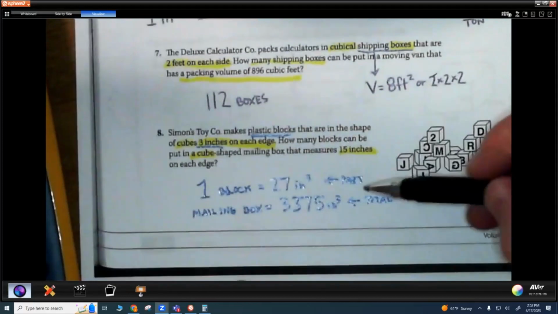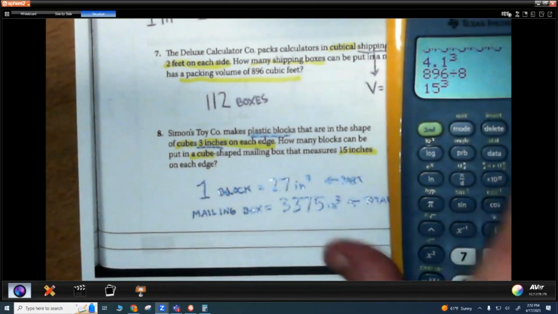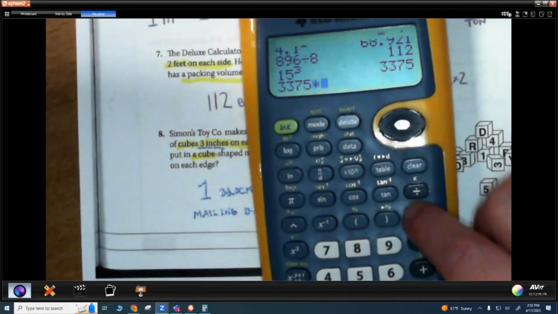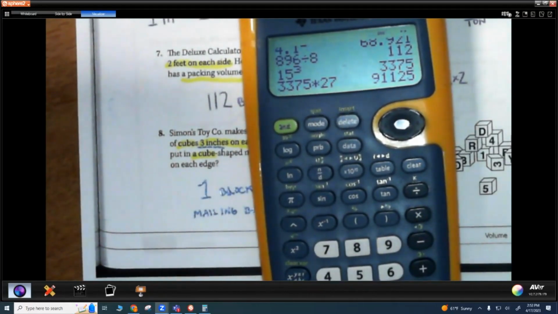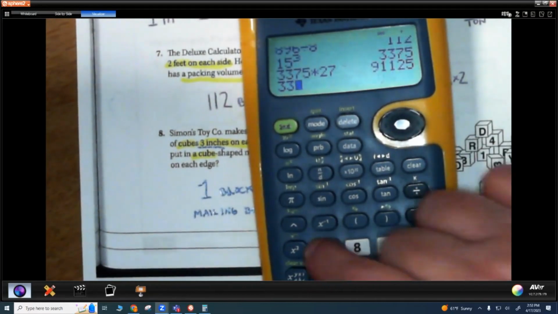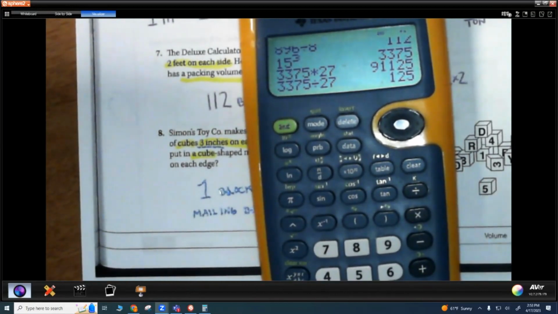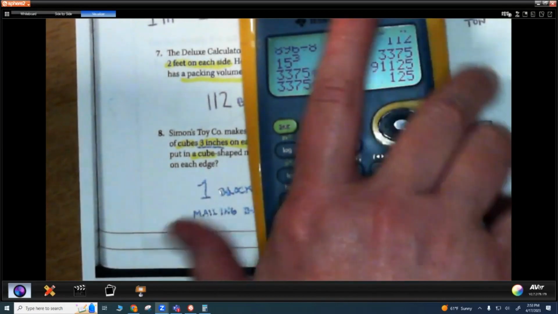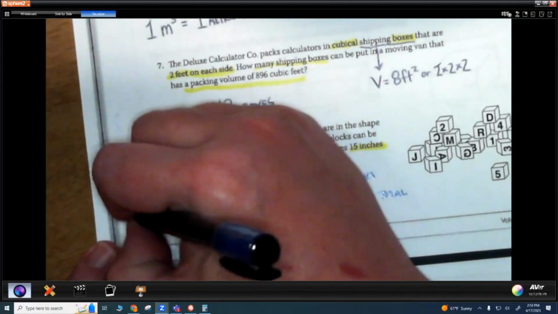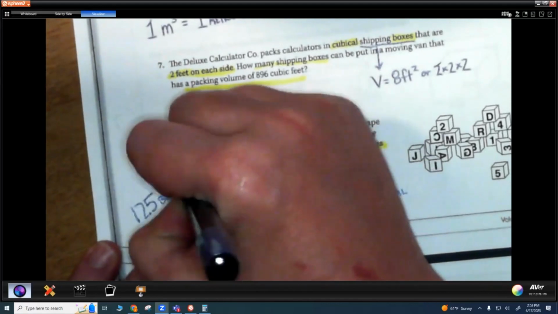So this is the part that we're gonna fill up here. 3375 divided by 27. So each box can contain 125 blocks.